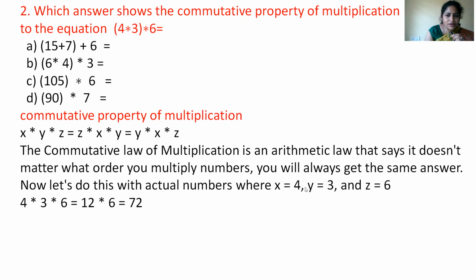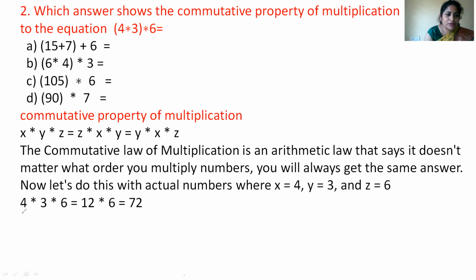Now we can solve it with an example, giving values for the variables so that you will understand better. Example, x equal to 4, y equal to 3 and z equal to 6.